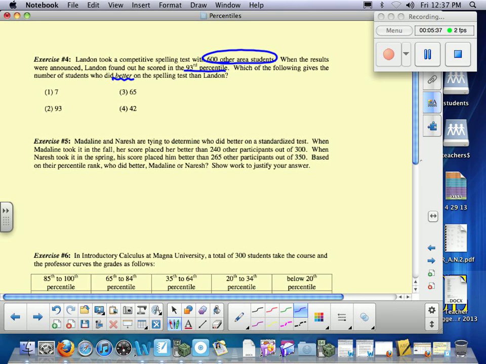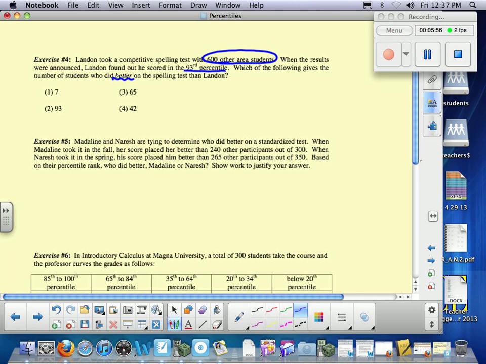Almost 100. 93rd percentile says wherever he scored, 93% of the kids scored with him or worse than him. But that doesn't tell me better, does it? No. Well, this question's asking about better.